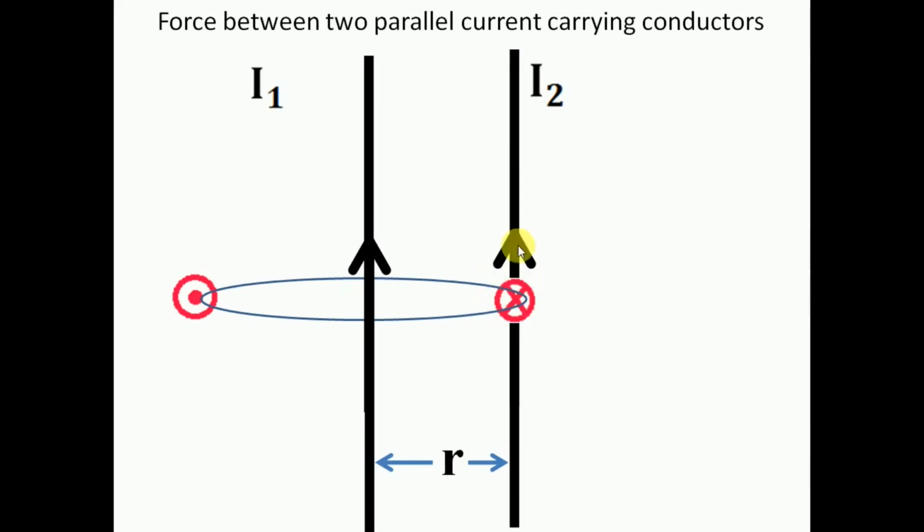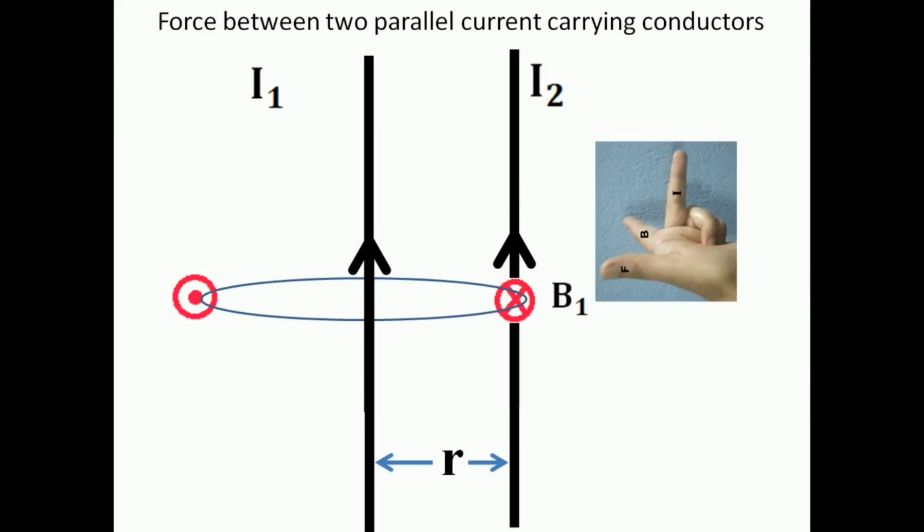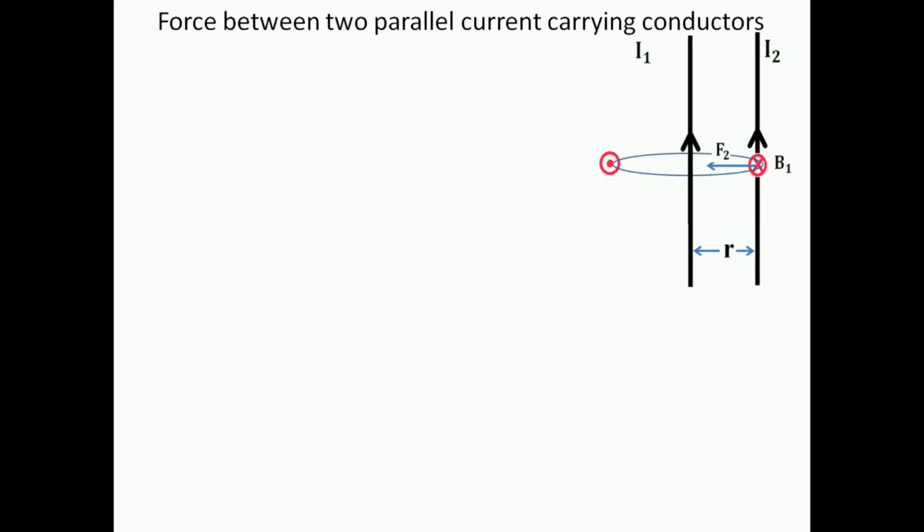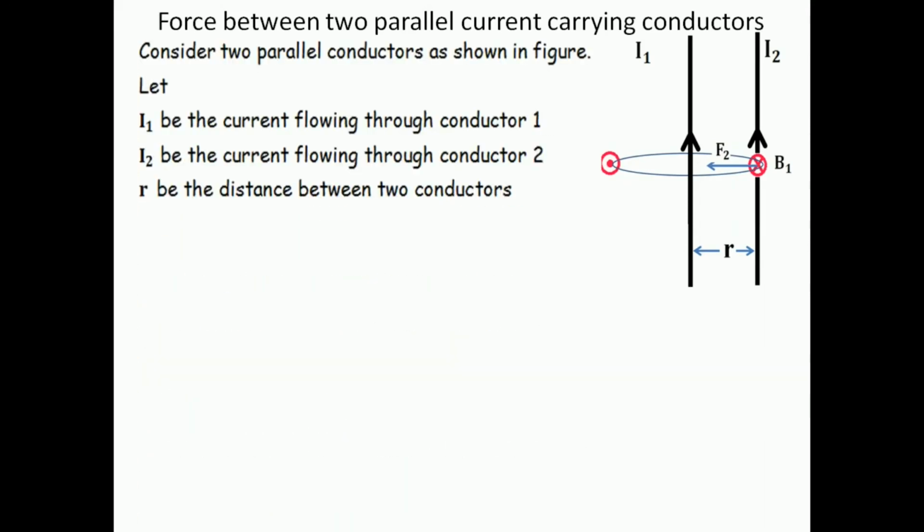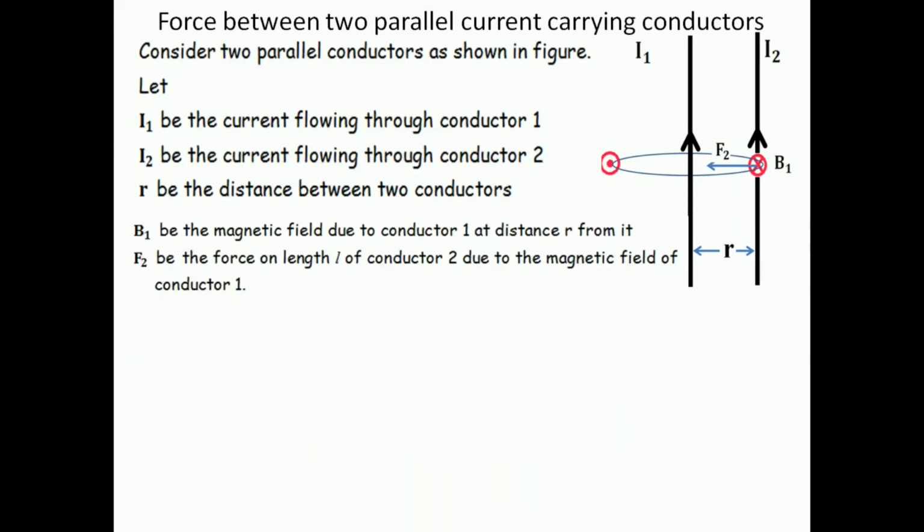So for this conductor the magnetic field is going inside, so the force will be in the direction towards the left. Now F2 is the force on conductor number 2.